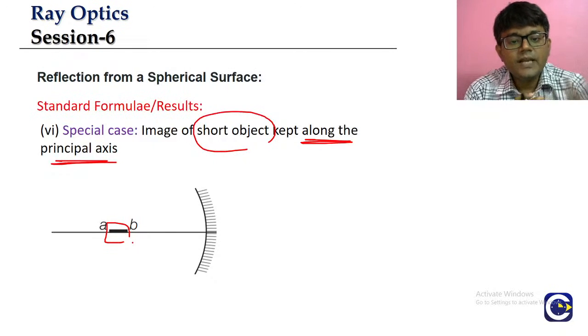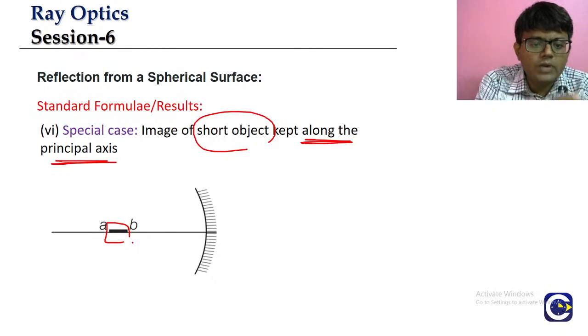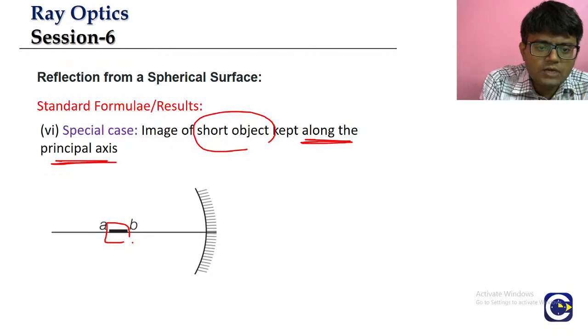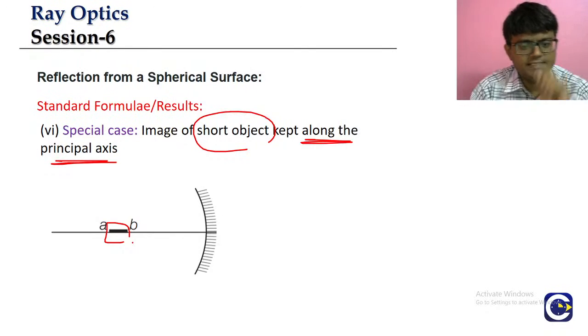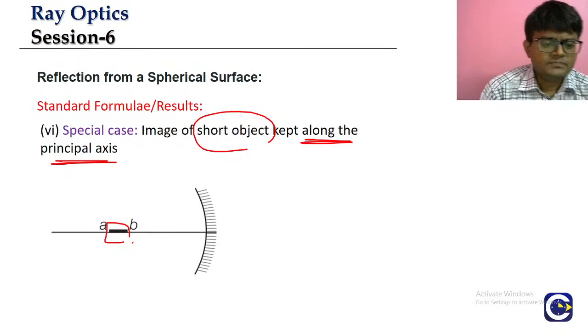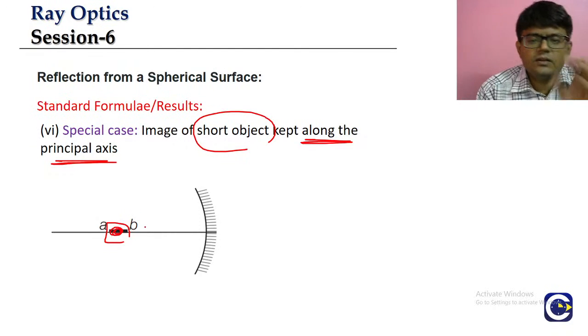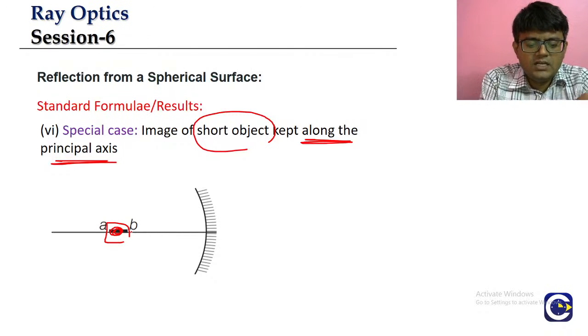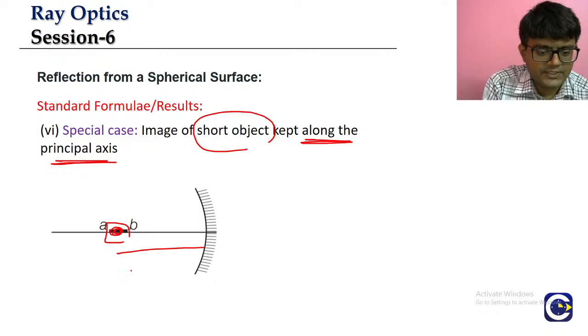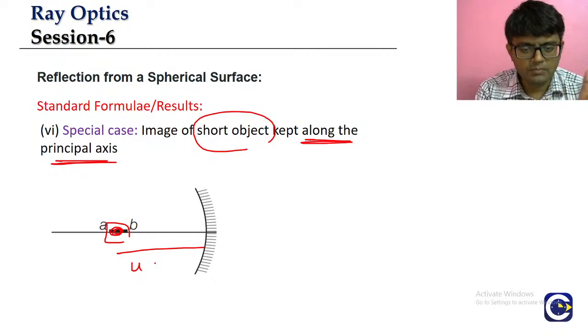Now, how are we going to relate the length or size of the image to the size of the object in this particular case? See, for a moment, forget that this is an AB object. Think of it like a point object which is at a distance u from the pole.